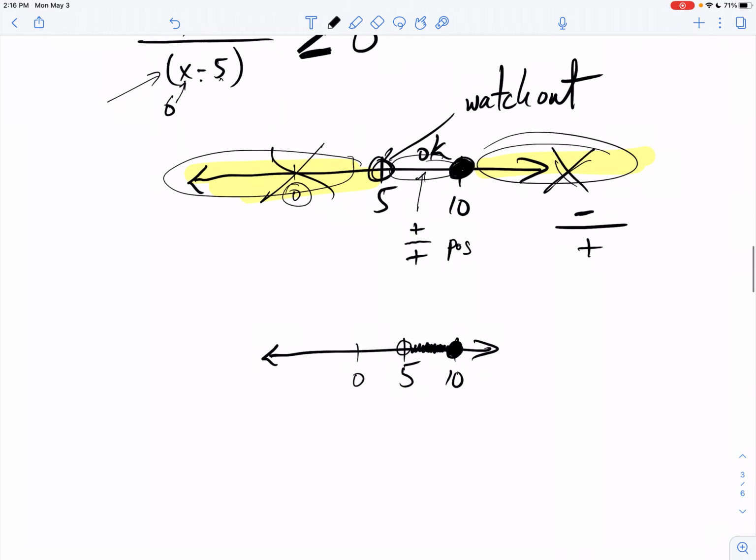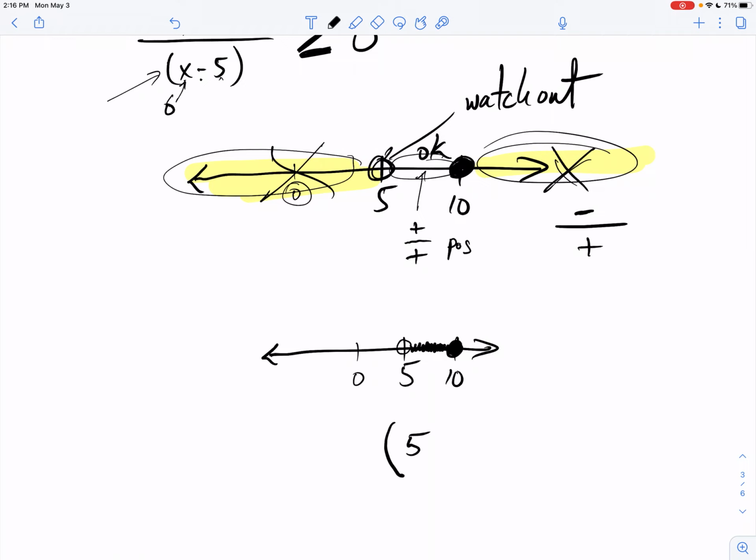And if I wanted to write it in interval notation, just remember, open circles are parentheses, closed circles are brackets. So just in case you're curious, this would be interval notation, and this would be a number line sketch like they're asking us to do.